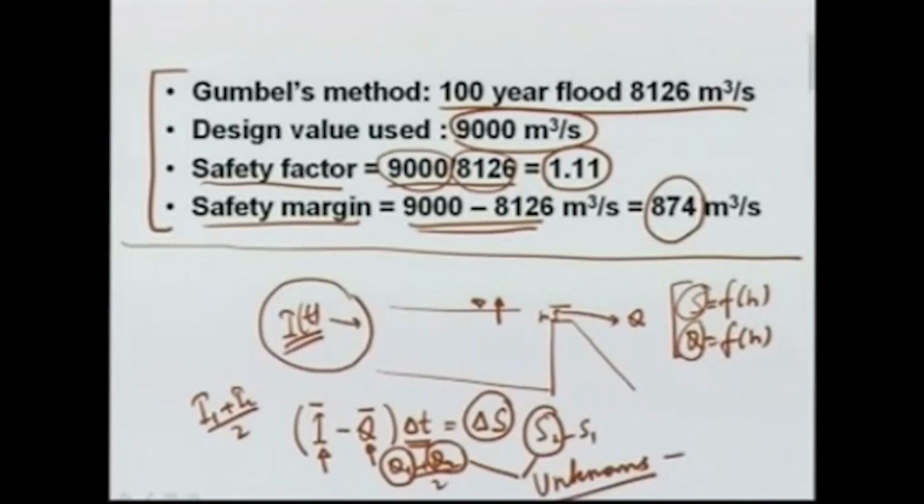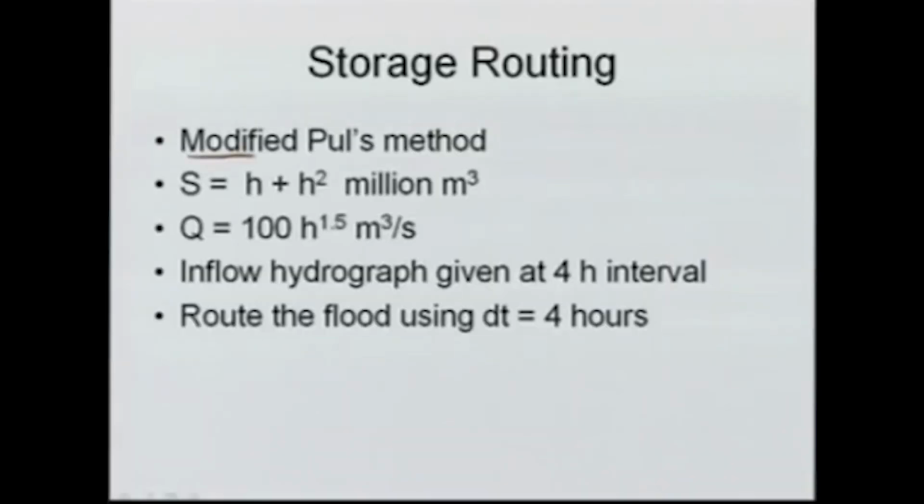They are both functions of H, and our aim of the routing is to find out how Q and S and H change with time. The method which we use in this case will be the modified pulse method.